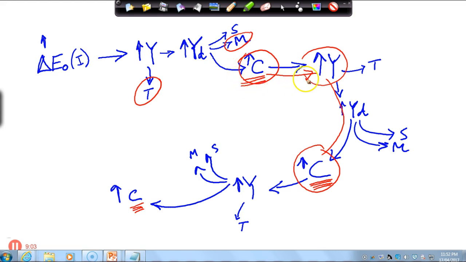If some of the income generated is taken away in tax, and some more is taken in savings and imports, it's leaving less for consumption expenditure. So overall, the multiplier effect is going to be smaller because there are more leakages from the system.